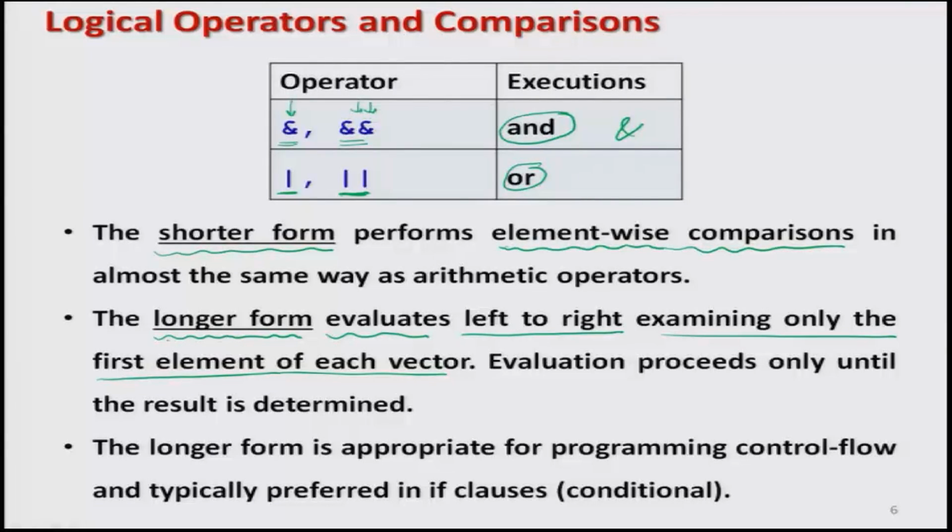When I use the longer form, it compares only the first element of the vector with another vector's first element. This is what we have to keep in mind. Actually, this longer form, meaning double letters, is more appropriate when we program control flow, and typically it is preferred in conditional clauses that we will see later when we do loops and other aspects of programming.